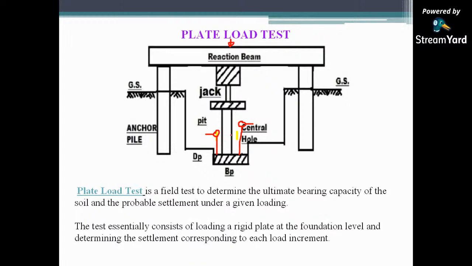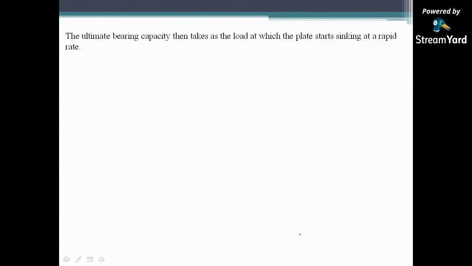The test essentially consists of loading a rigid plate at the foundation level and determining the settlement corresponding to the loading. The ultimate bearing capacity is then taken as the load at which the plate starts sinking at a rapid rate.